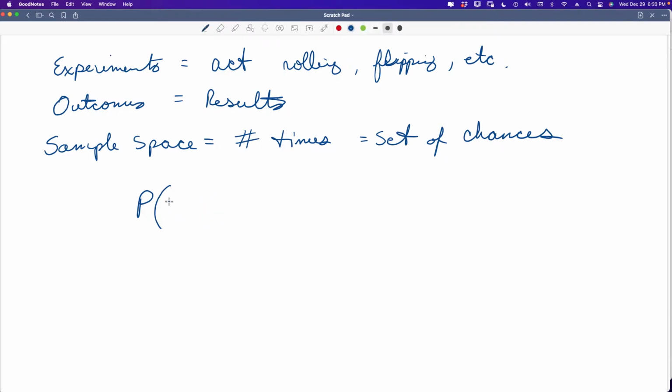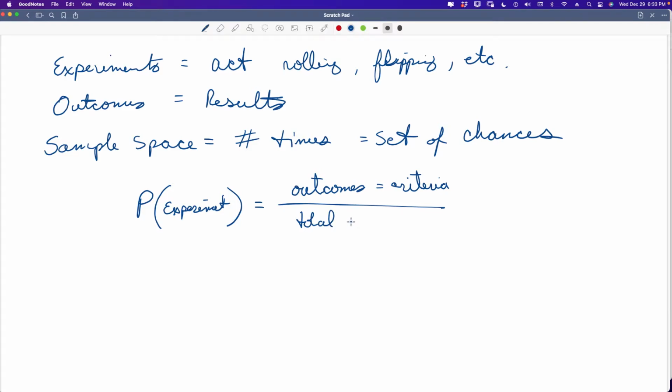It's the probability of our experiment, the outcomes that equal our criteria, divided by the total in the sample space.